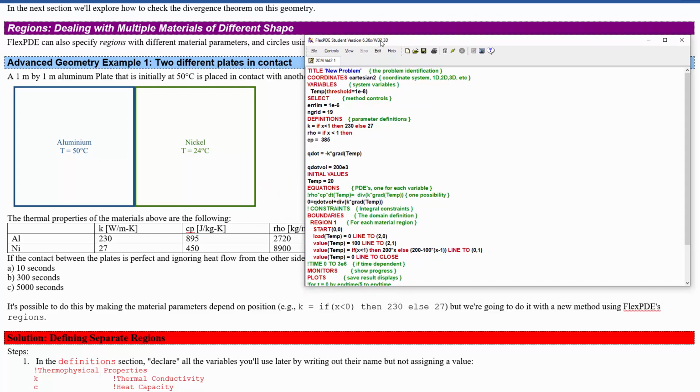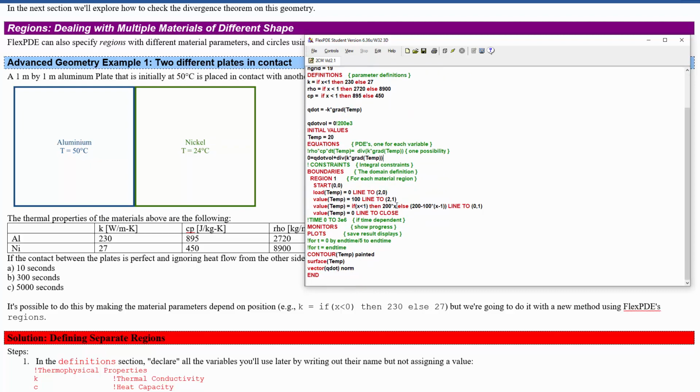There we go. Then 2720, else 8900. CP is, if X is less than 1, then 895, else 450. Okay, and then let's see what else we need. We don't need any volumetric heat generation. And for steady state, we're good there.